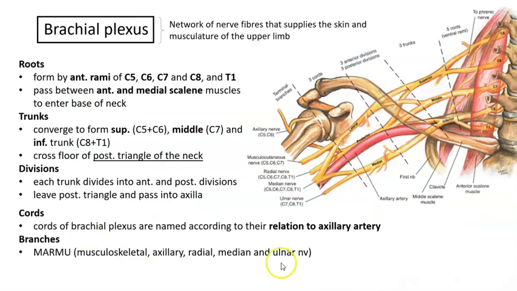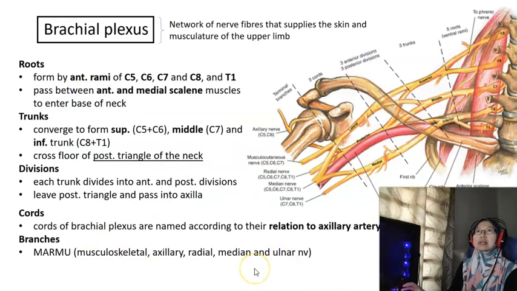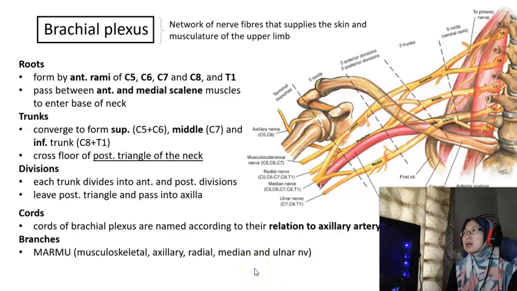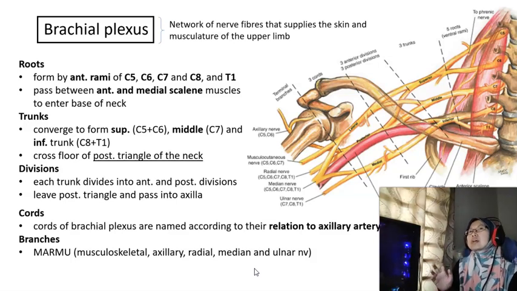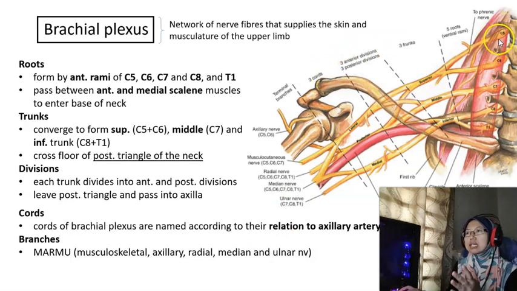So this is what I've mentioned earlier, brachial plexus. Don't worry, we will cover brachial plexus in one specific lecture. Just to give a brief idea for you, brachial plexus from C5, as you study the picture, okay, from C5 to T1, and it emerges in between anterior scalene muscle and medial scalene muscle.